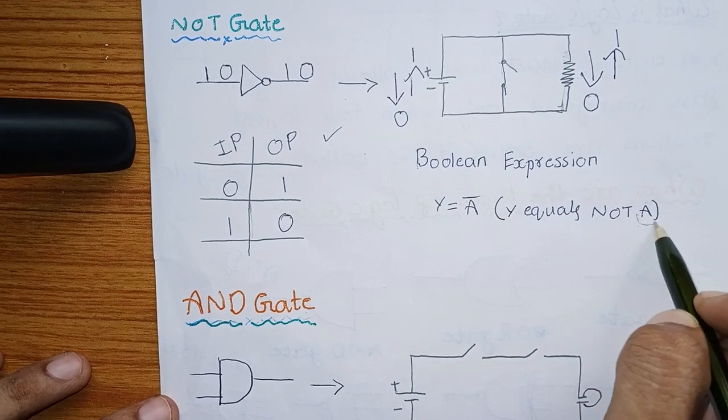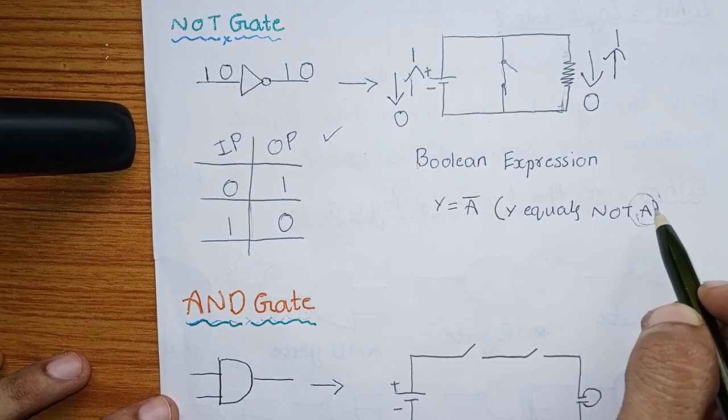But A is not possible again in the NOT gate.